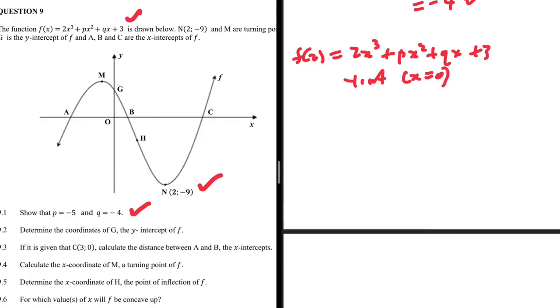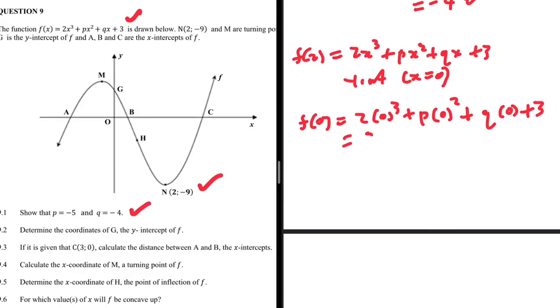So we're going to get f of 0 is equals to 2, 0 to the power 3 plus p, 0 to the power 2 plus q multiplied by 0 plus 3. Well, this is clearly equals to 3. So the coordinates of g, x is 0 and y is 3.